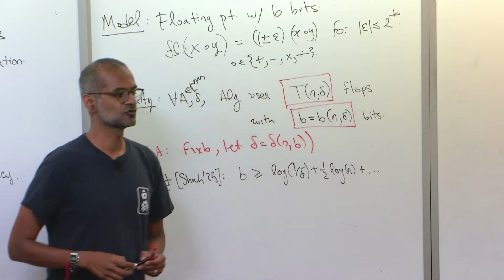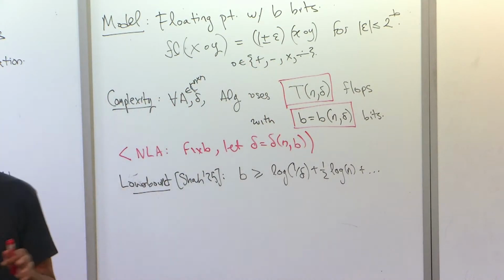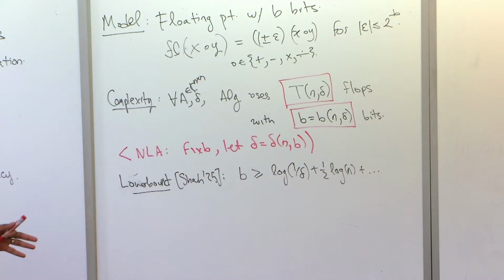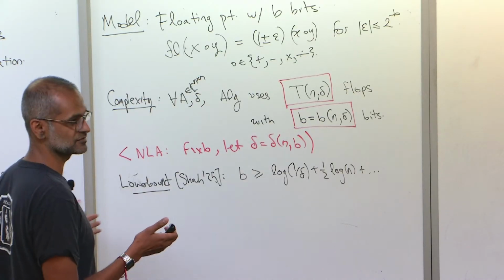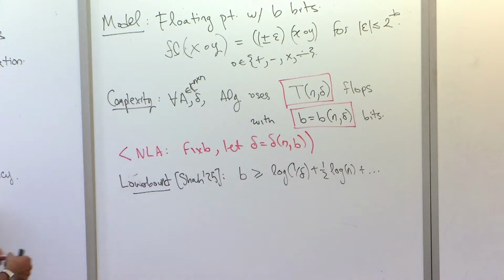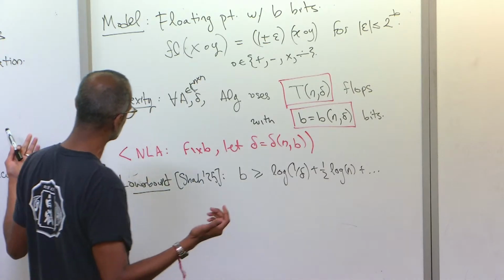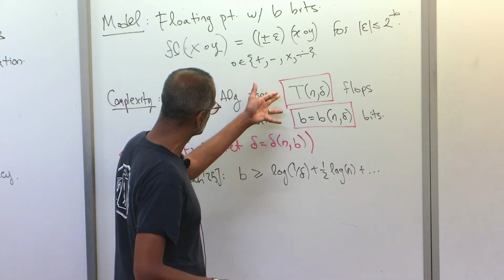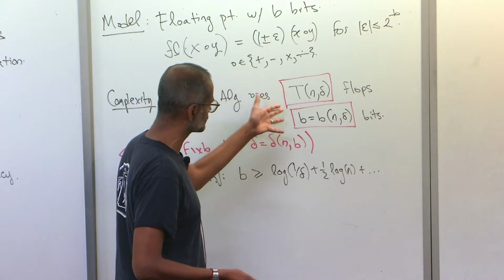So in particular, b has to grow with n. If you want to do this kind of asymptotic analysis of algorithms, you cannot do it with fixed precision. Okay, so given the setup, what is the goal? Well, the goal is to find algorithms with small t and small b.